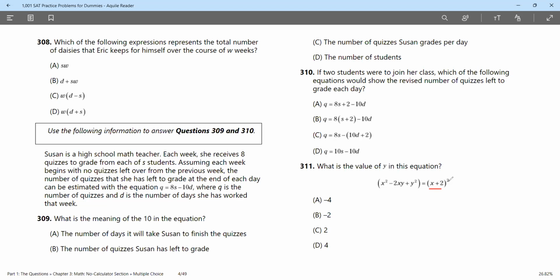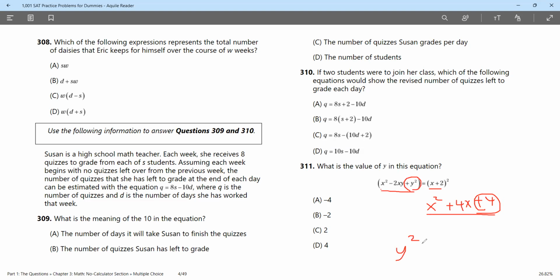x plus 2, all in brackets, squared. Let's expand it. It will be x squared, 2 to the power 2 will be 4, and then x times 2 times 2 will be 4x. If we compare this expression with the other one, x squared is the same as x squared, so we can match y squared with 4.